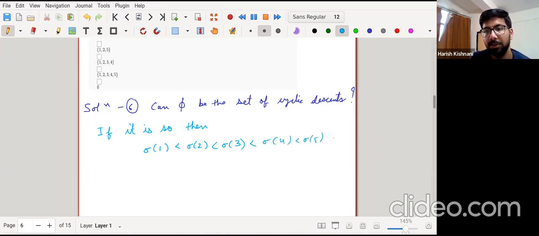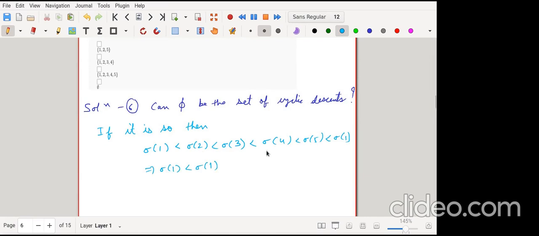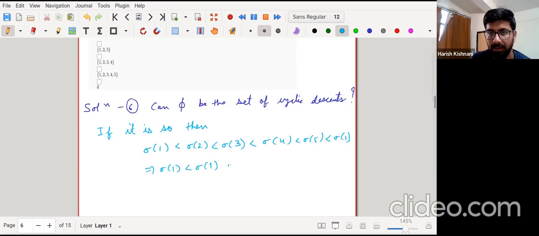And then sigma 5 is also not a descent, so it has to be less than sigma of 1. So is it possible that sigma of 1 is less than sigma of 1? This inequality implies that, right? Which is a contradiction. So we have ruled out one option. Still three are in the picture.